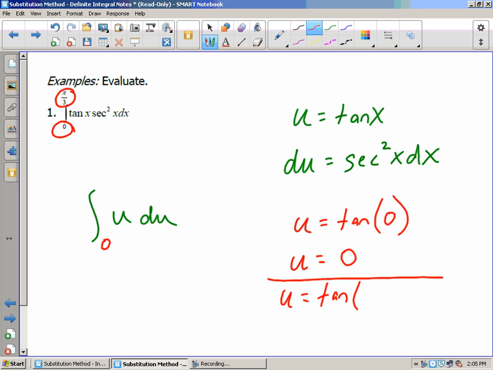Plug in pi thirds. U equals tan of pi thirds. Pi thirds, we know, is a 60-degree angle. Tangent, radical 3.